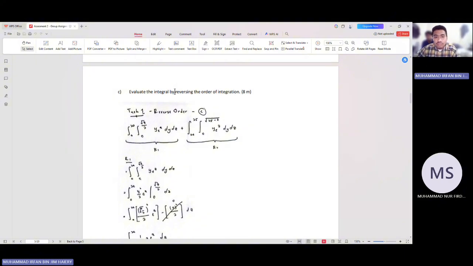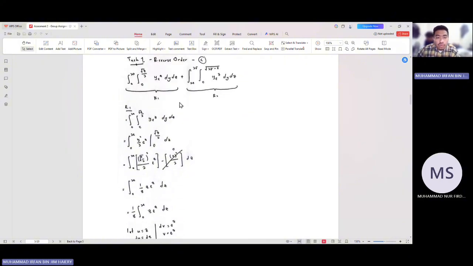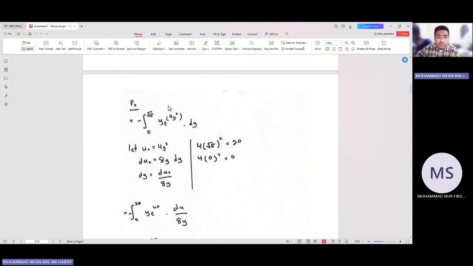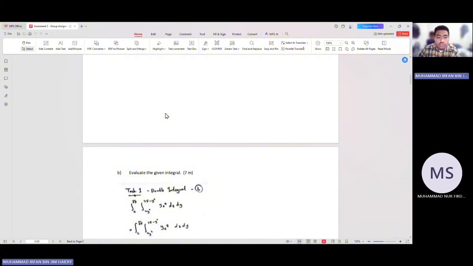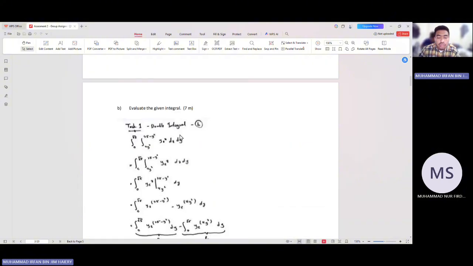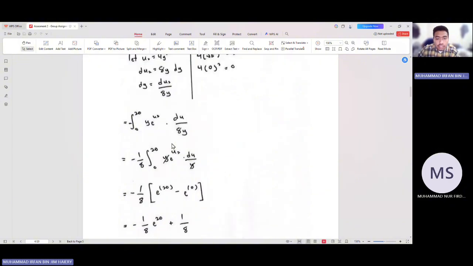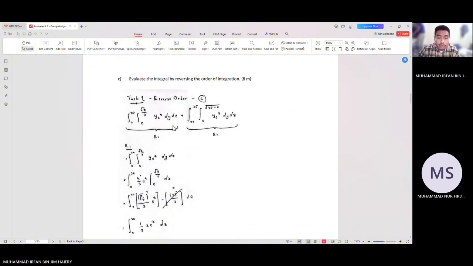Okay, next is question C, which is where we use reverse order. For the reverse order, we should change the dy dz position. In the original equation, the equation given is dz dy, so we just change the position.